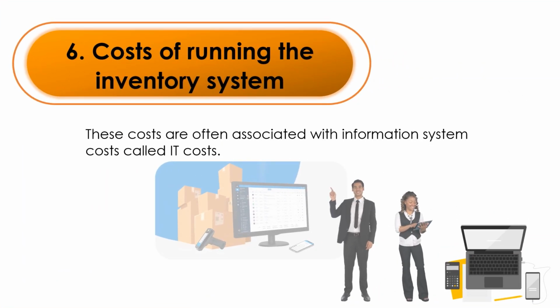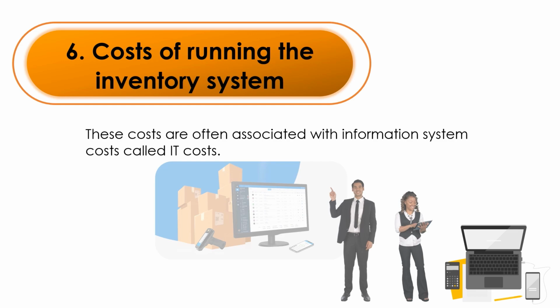Next is cost of running the inventory system. These costs are often associated with information system costs, called IT costs. Running the inventory system is often associated with the expenses tied to the operation and maintenance of the inventory management system.